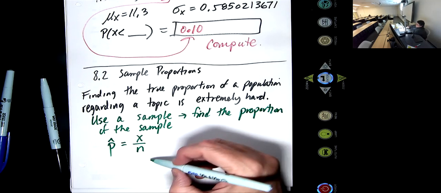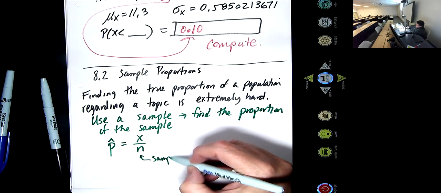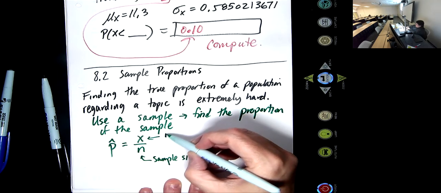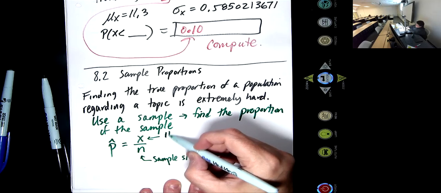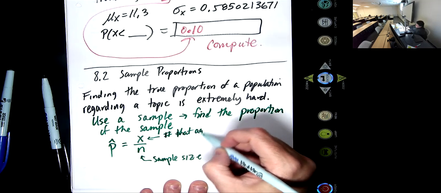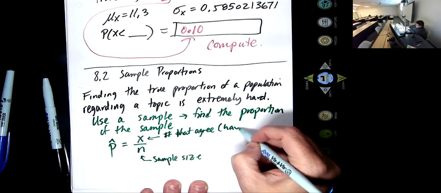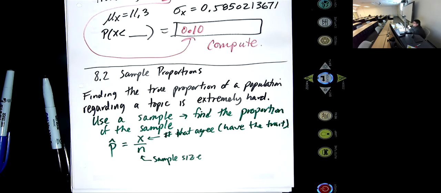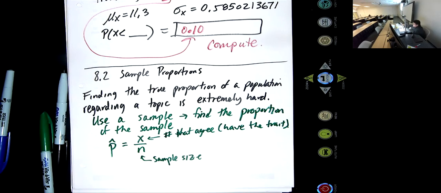N is the sample size, and x is the number of people that agree, or have the trait. Maybe it's not answering a question, but maybe it's if you're male or female, or if you're above 5'2". This p hat is called the point estimate.